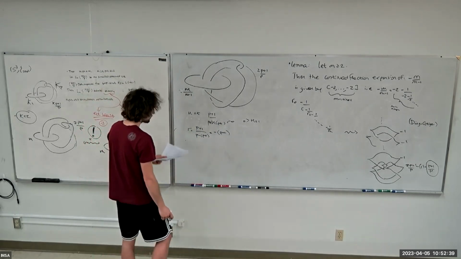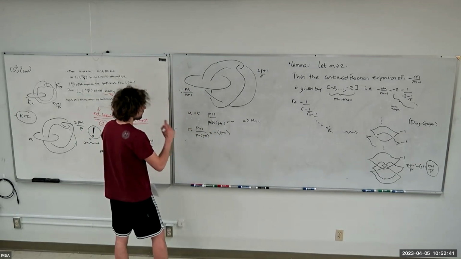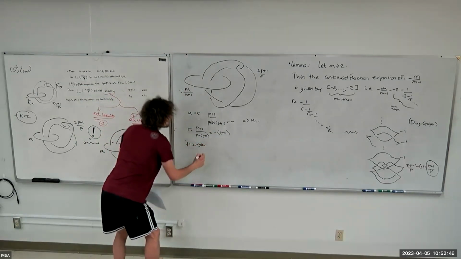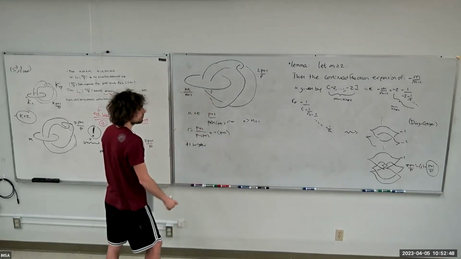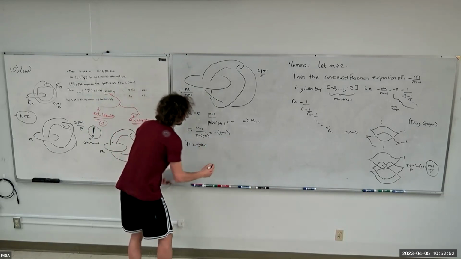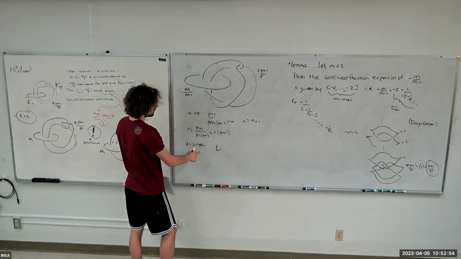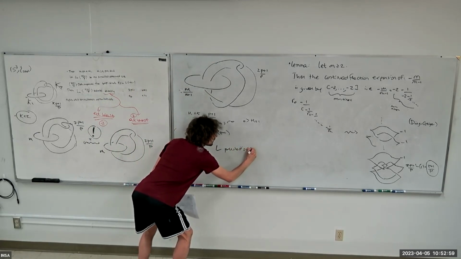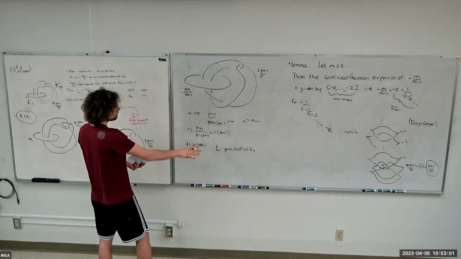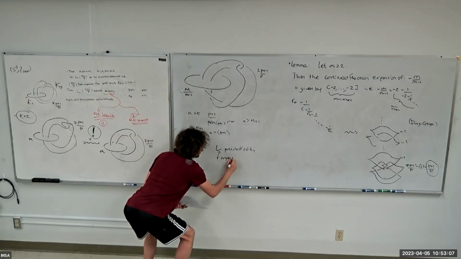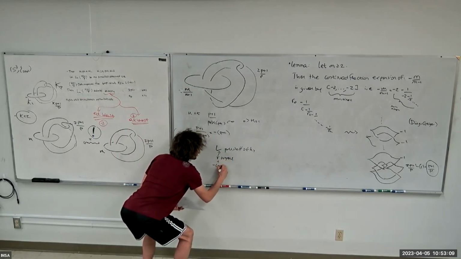And so what I do now is just do plus 1 surgery on the original right-handed trefoil, and then I take a Lagrangian push-off of this, let's say K2, and perform r surgery here, where r is minus p plus 1.